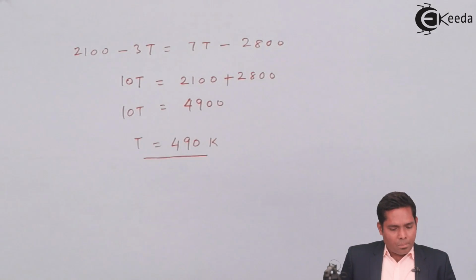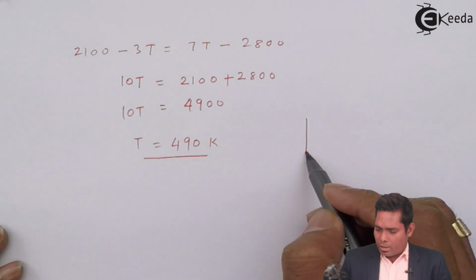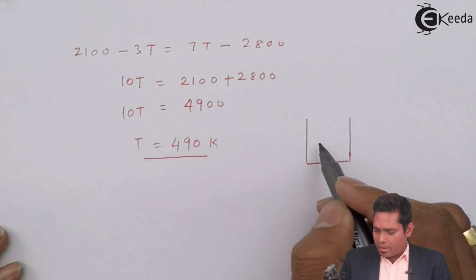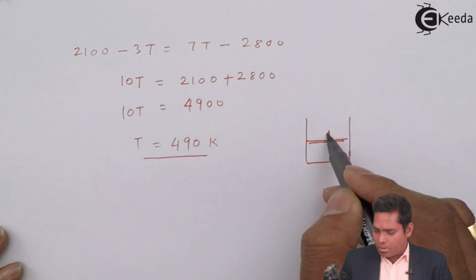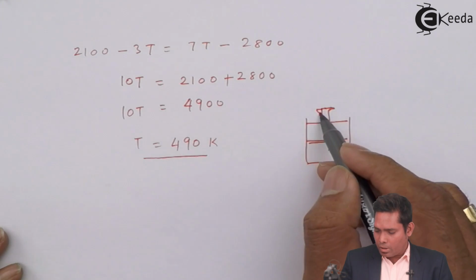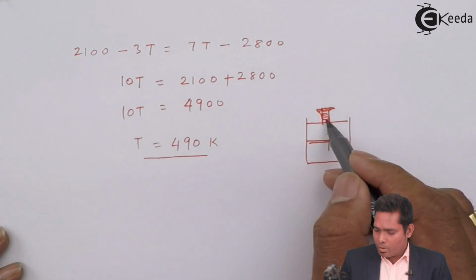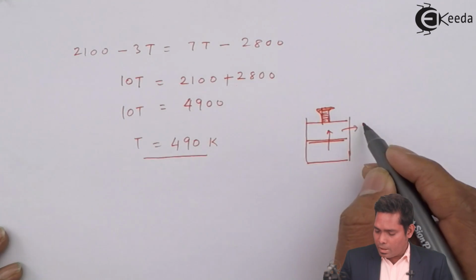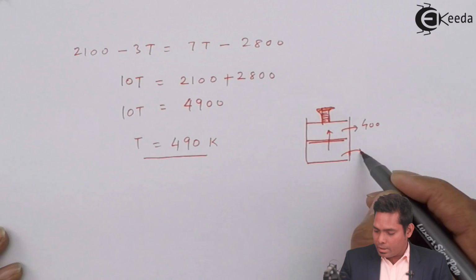So the temperature comes out to be this. When the two compartments are like this and heat transfer is taking place, and here is the screw which can be adjusted, the temperature here was initially 400 and initially 700.